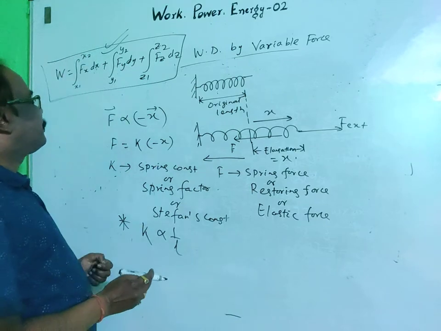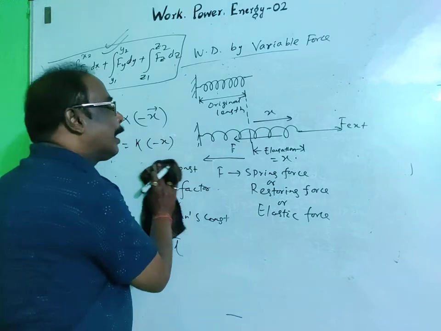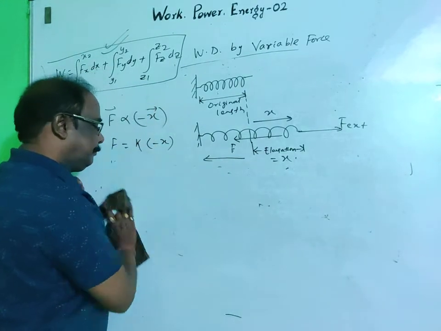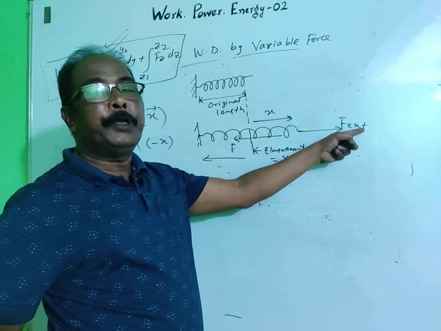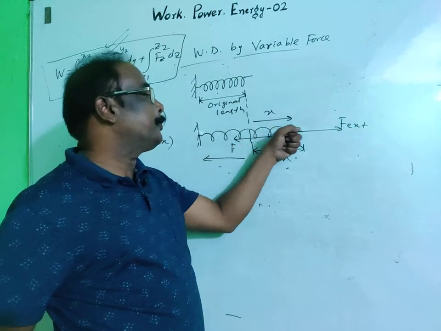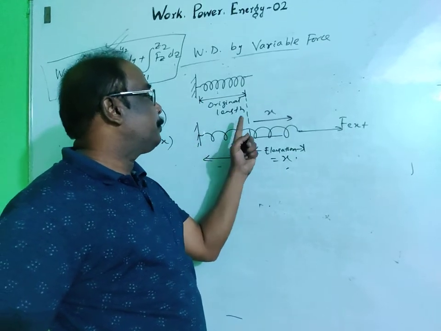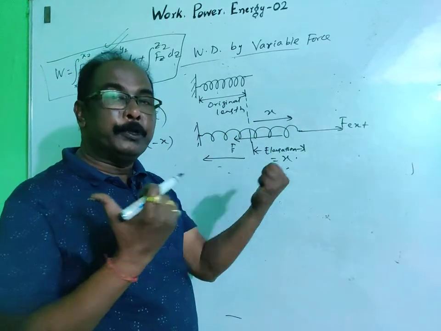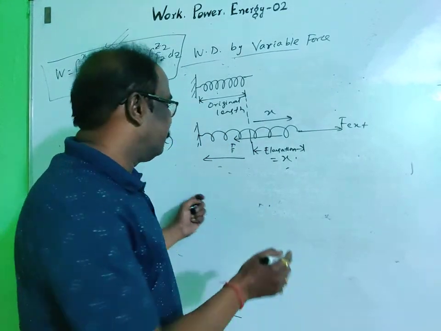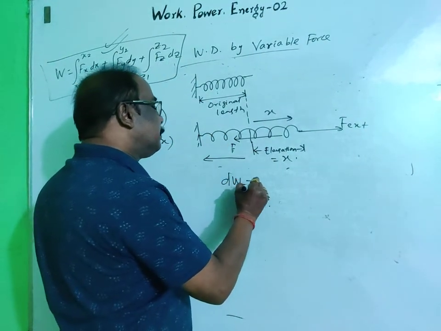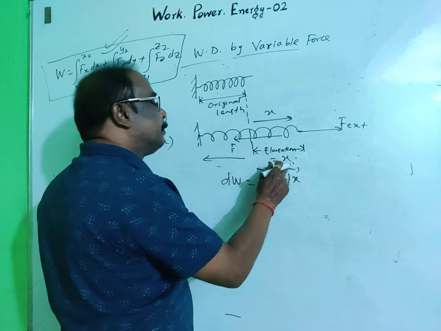Then this is about restoring force. Then work done. See, the deforming force is doing positive work because force and elongation are in the same direction, but the spring force and elongation are in opposite directions, so the spring force does negative work. So dW is equal to spring force dot displacement.